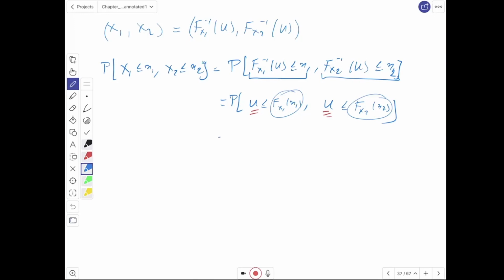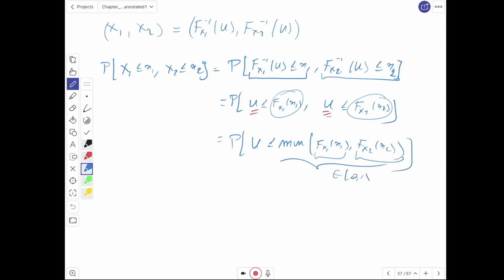This means that U should be smaller than the minimum of F_X1(x1) and F_X2(x2). Each is in [0,1], so the minimum is also in [0,1]. U is uniformly distributed. So here you find the minimum of F_X1(x1) and F_X2(x2).